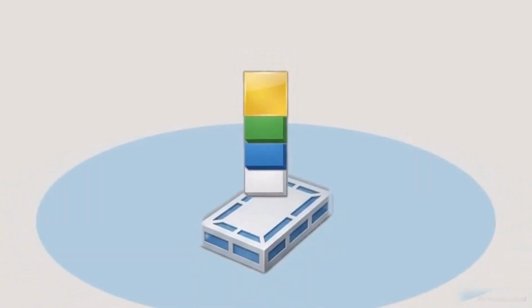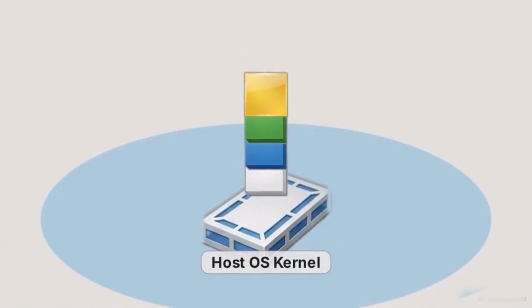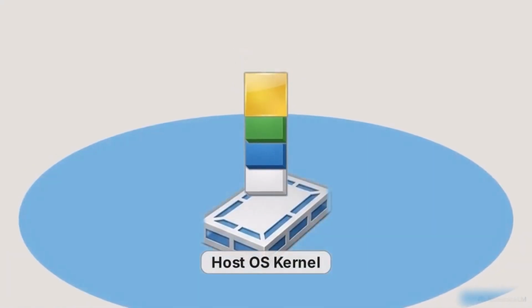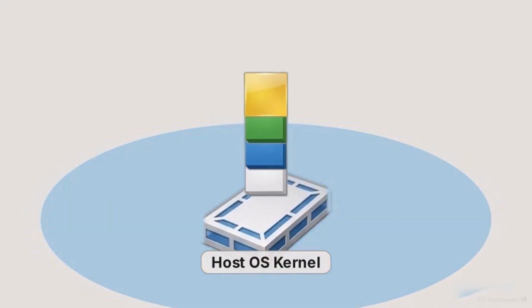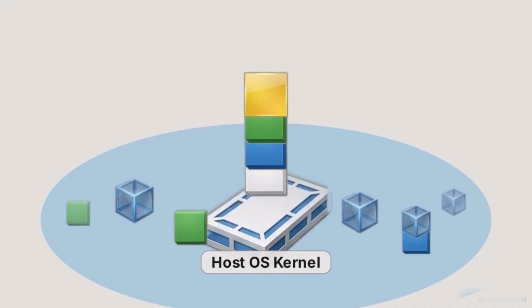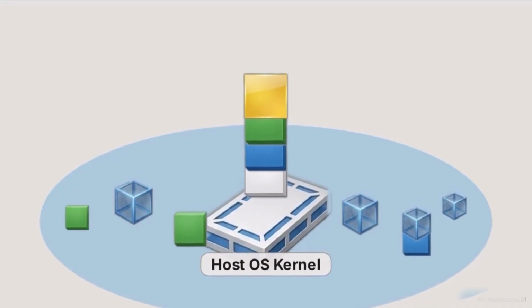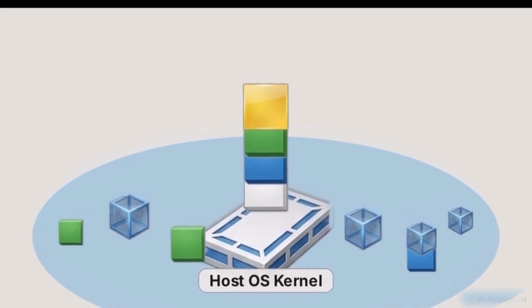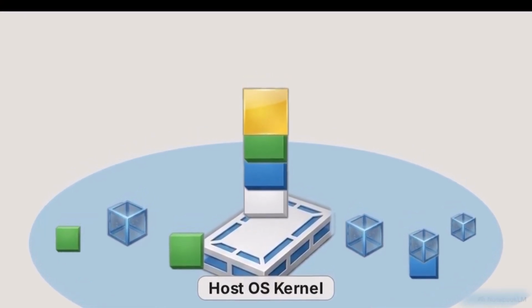Unlike a virtual machine, a container doesn't boot its own operating system. Instead, every container on the machine shares the host kernel. This allows the system to run dozens of apps without the overhead of multiple OS stacks.